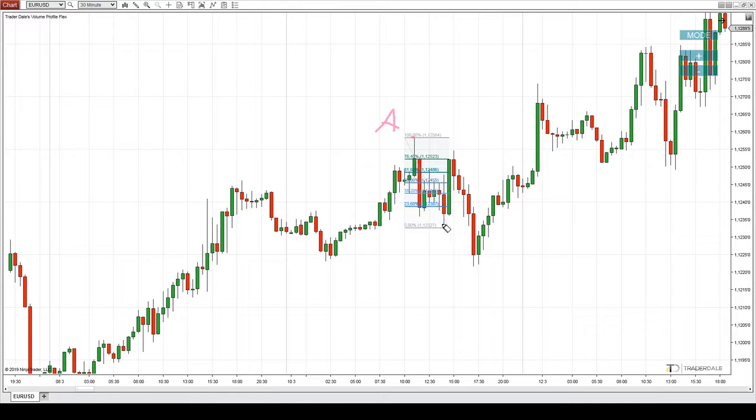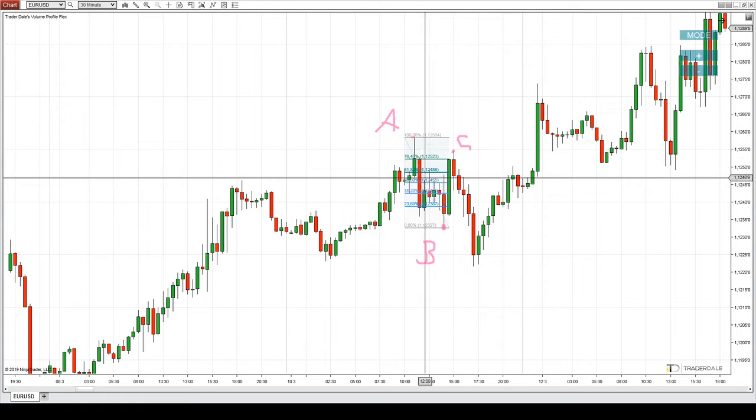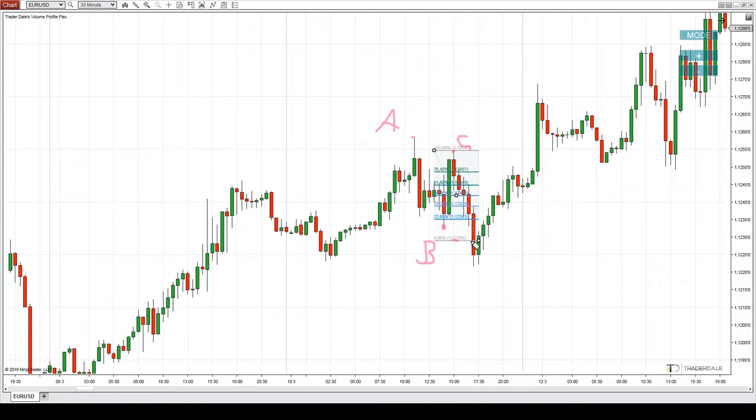This is point A, this is point B, this is point C, and this will be the D. So we have A, B, C, D. When the price hits this level, you go long. Nice wave-like movement, all right?